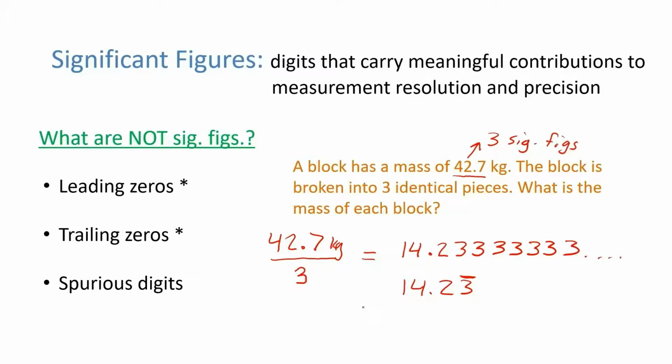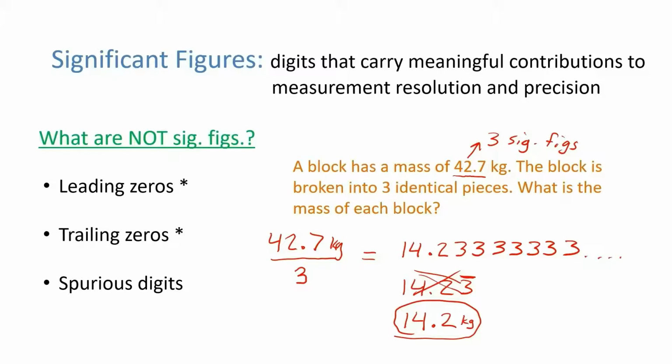So my answer, let's cross that one out, should actually be reported as 14.2. Of course, I have kilograms right there. All right, so what are these rules for tracking sig figs and for dealing with spurious digits?